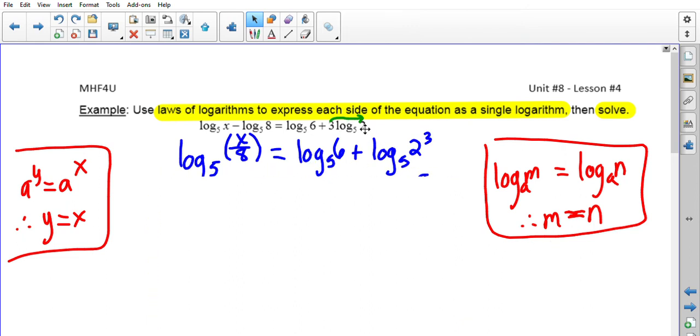So right here, I brought this up so it was log 2 cubed to the base 5. On the left side here, I noticed they had the same base. They were being subtracted, so that means I can take their arguments and divide them. So it becomes log x divided by 8 to the base 5.